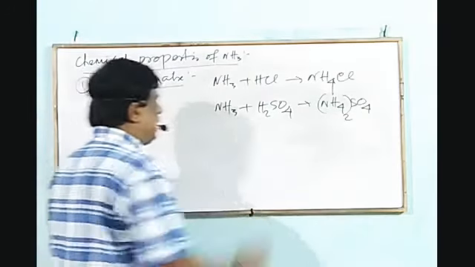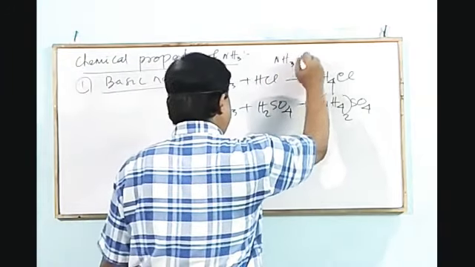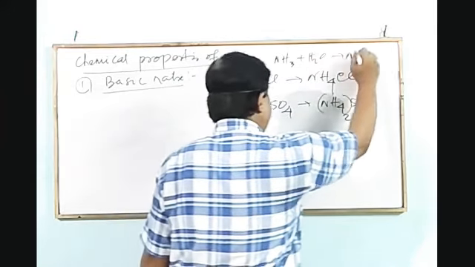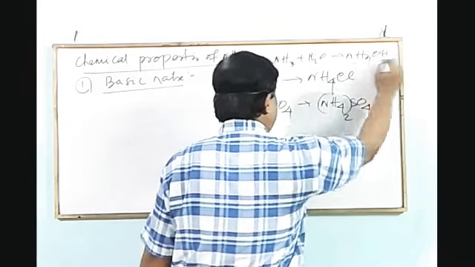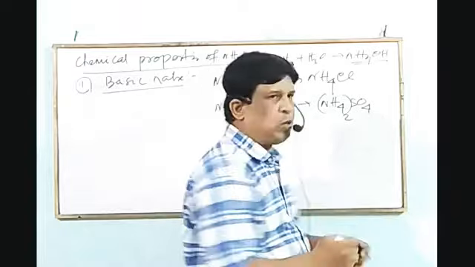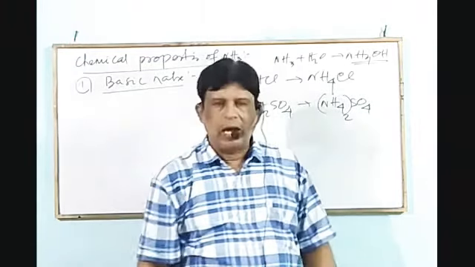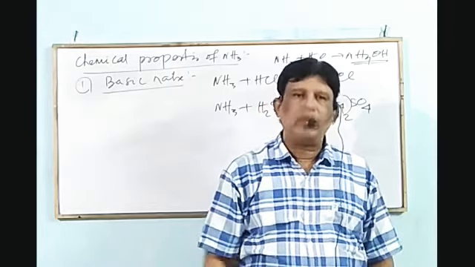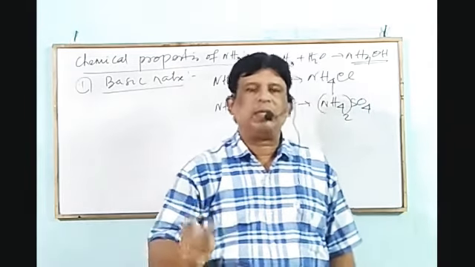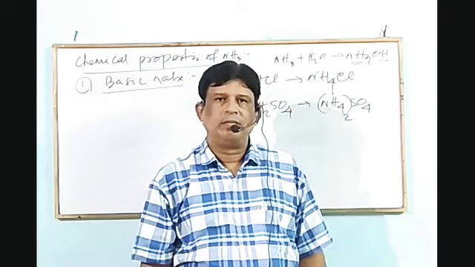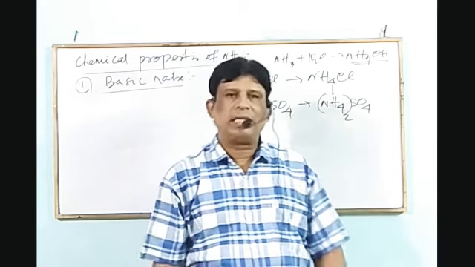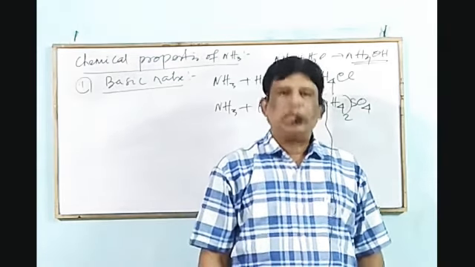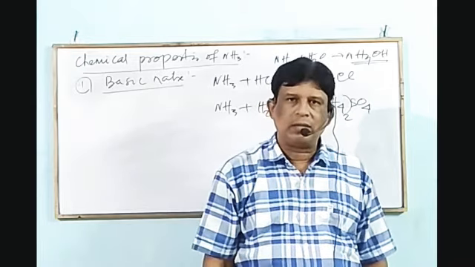As an aqueous solution, NH3 plus H2O give rise to NH4OH. When ammonium hydroxide ionizes, it gives the hydroxide ion, so its aqueous solution is basic in nature. Move to the next chemical property, that is the formation of complexes.